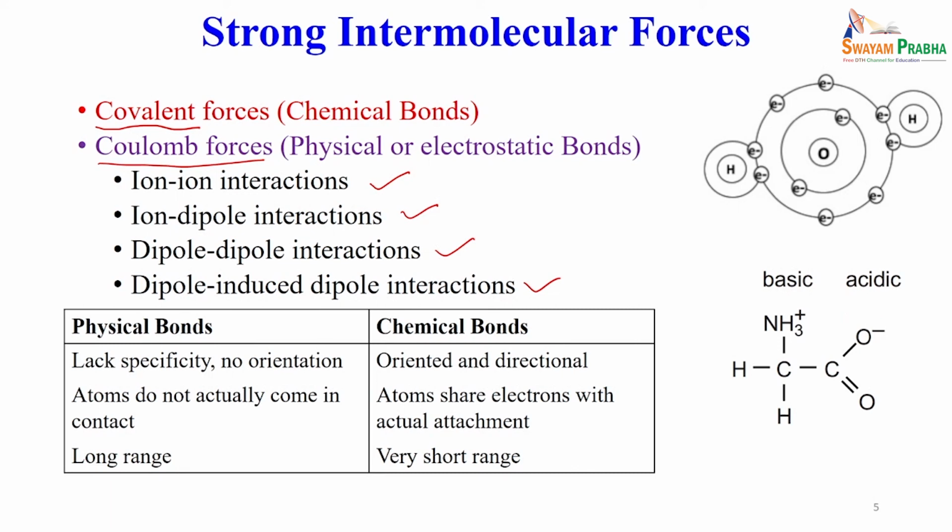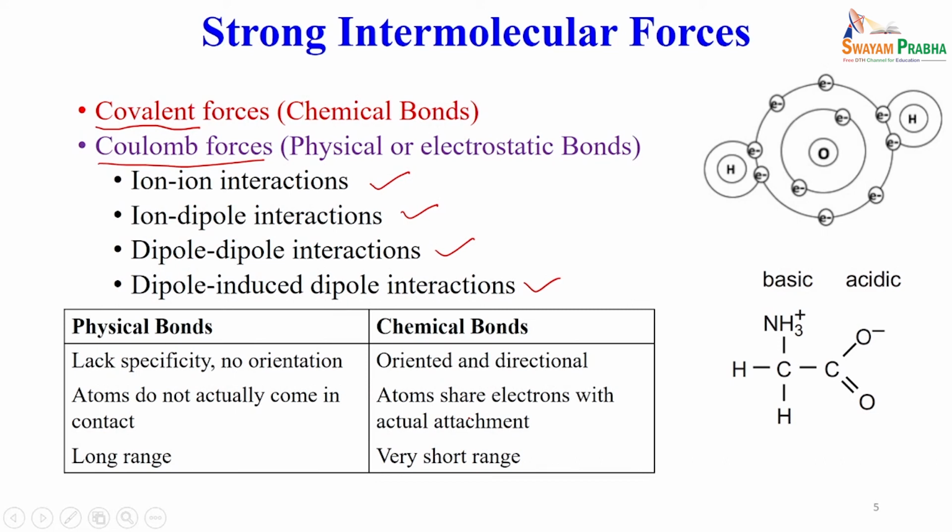So, this is one example of dipole formation, and this is one example of the chemical bond or the covalent bond. If you want to classify these two, physical and chemical bonds, the chemical bonds, as you know, the covalent, are highly oriented and well directional.